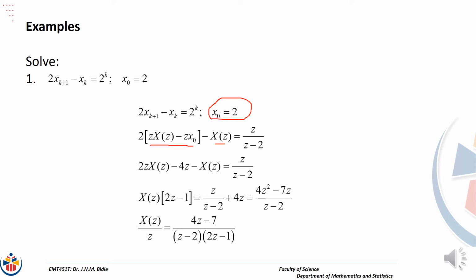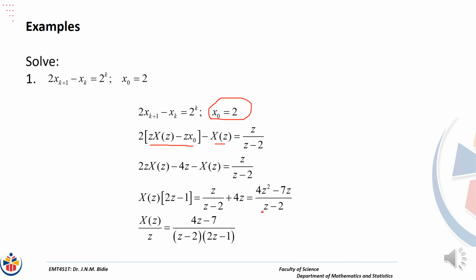Make x of z the subject. This is what we'll end up with. X of z will be equal to z over z minus 2 plus 4z.